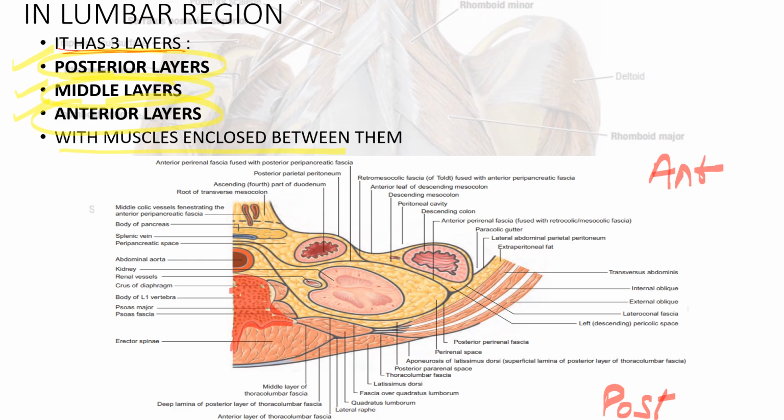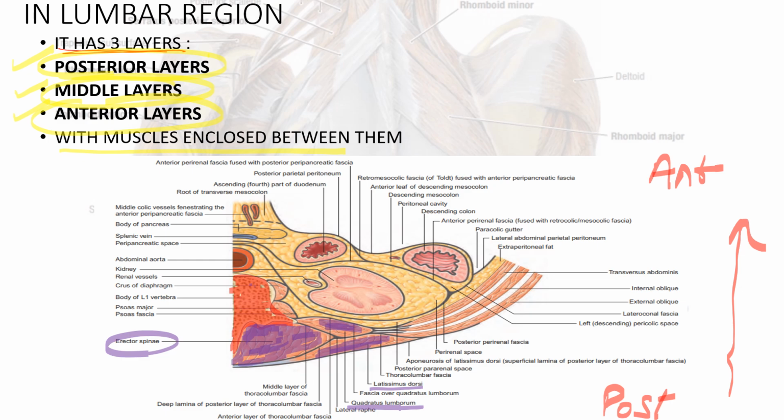If the diagram is clear first, then it is easy. Posteriorly we can see these are 1, 2, 3. These are paraspinal muscles. This one is the erector spinae. Then posterior most is the latissimus dorsi. Anterior to it we have the quadratus lumborum.